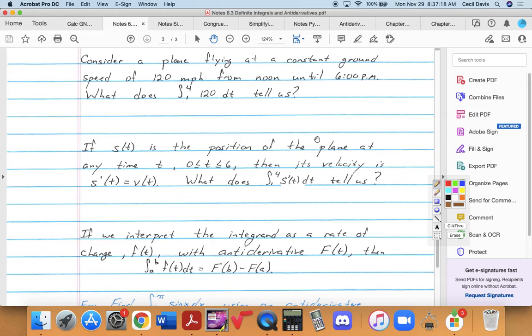How far it traveled. From 1 to 4, he was traveling at 120. So the integral, the displacement, or distance covered, from 1 to 4.